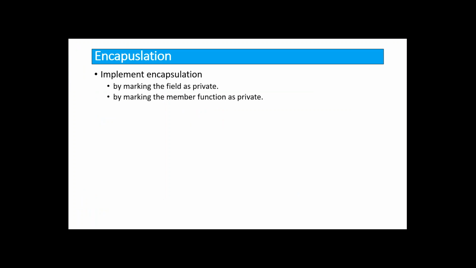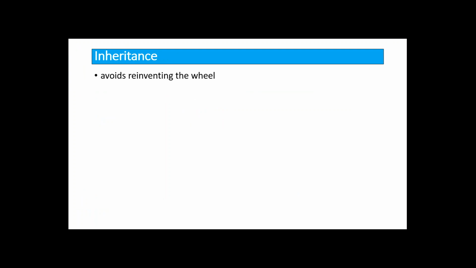You will implement it by marking the field as private or by marking the member function as private. Now there are four pillars of object-oriented programming: encapsulation, inheritance, abstraction, and polymorphism. So we have discussed a little about encapsulation, and now we will be moving into inheritance.